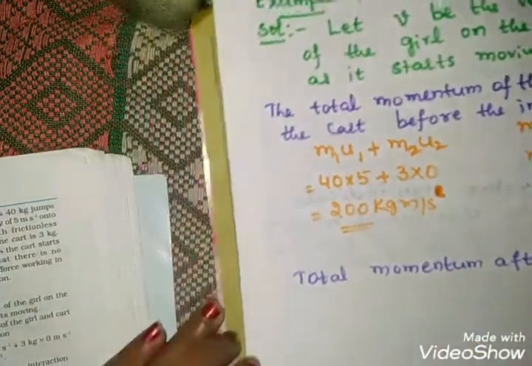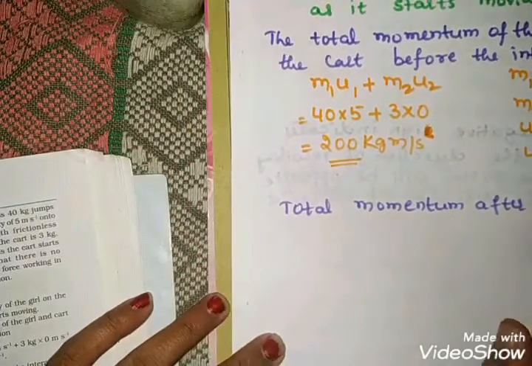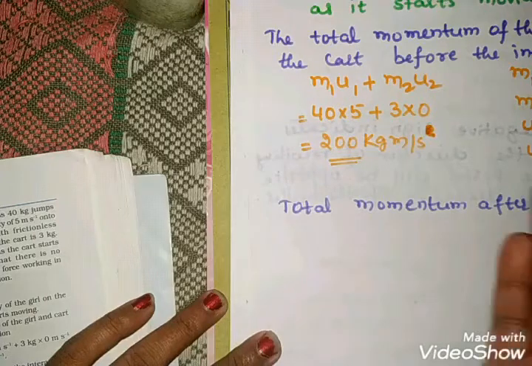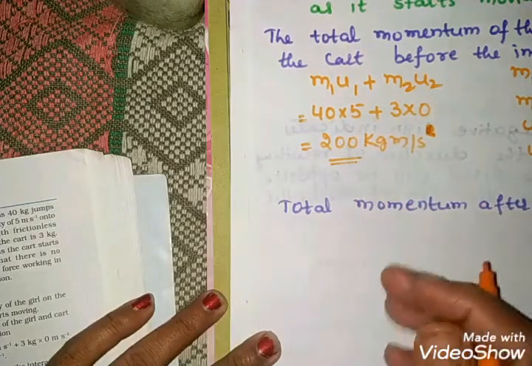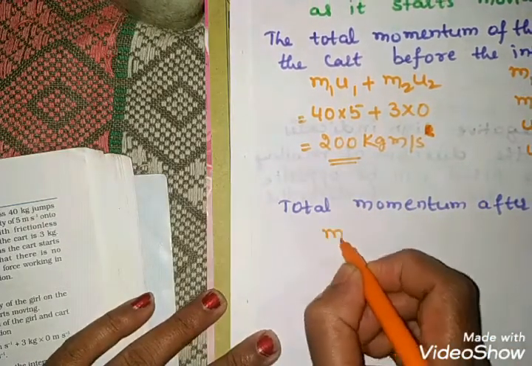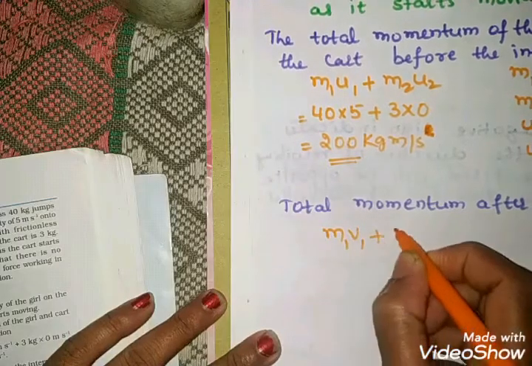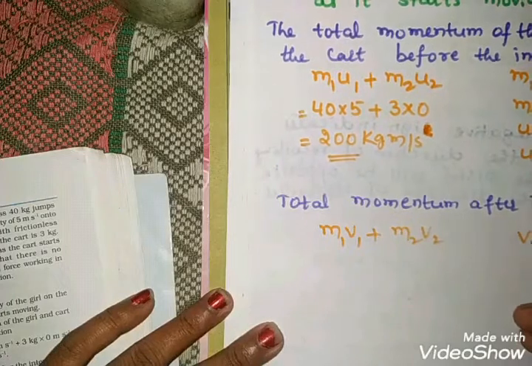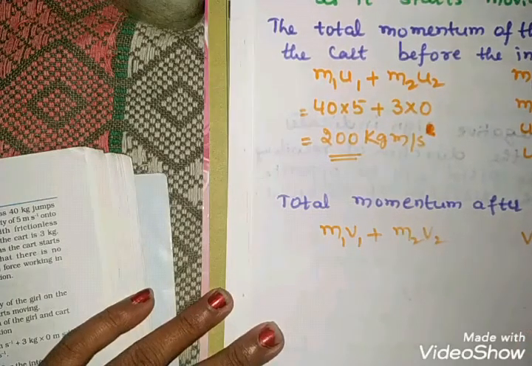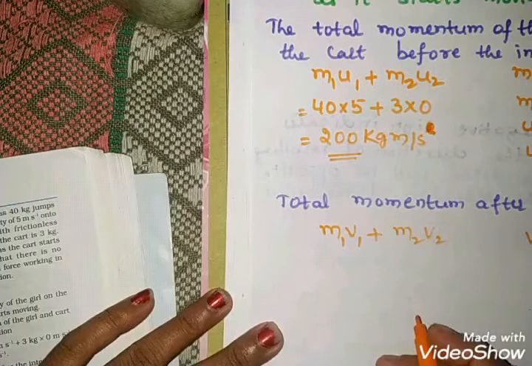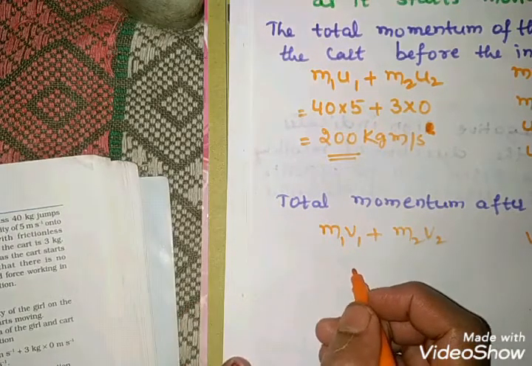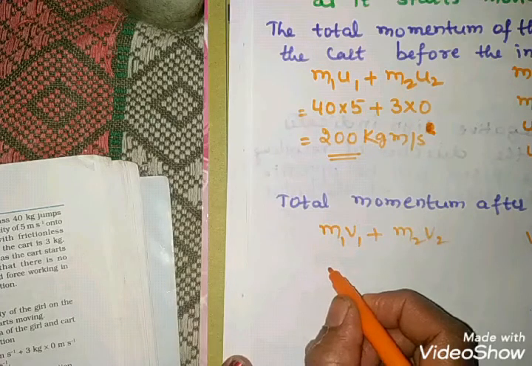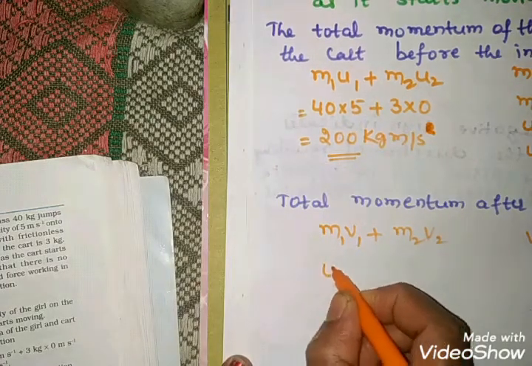Okay. Now let us try to find out total momentum after interaction. After the girl has jumped into the cart, what is the total momentum? It is given by m1 v1 plus m2 v2. Here observe, children, v1 and v2 both are same. It is given by v. We have considered it as v. So let us try to write this. m1 is how much? 40.